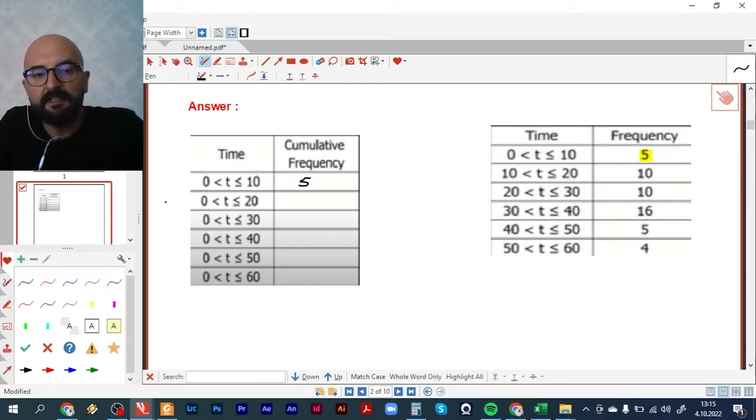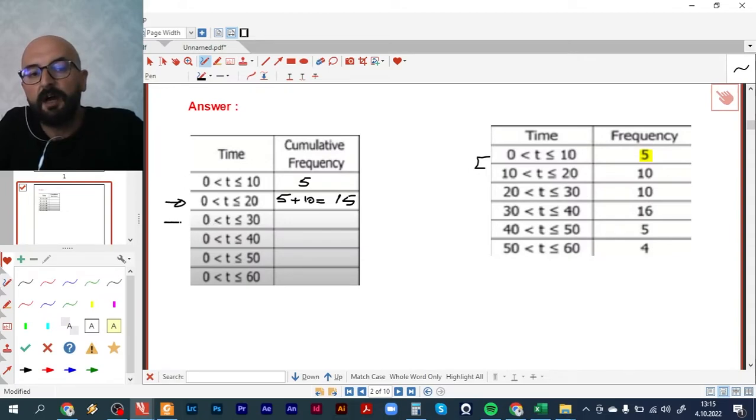The second one is between 0 and 20, so it means between 0 and 10 plus between 10 and 20, and we should add up the 5 and 10. So 5 and 10 means 15.